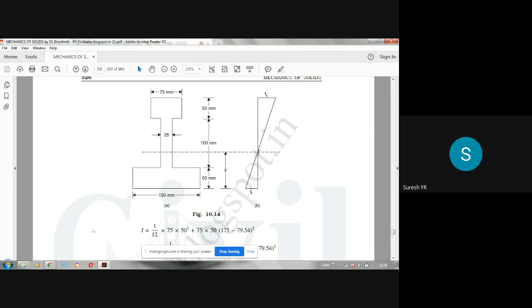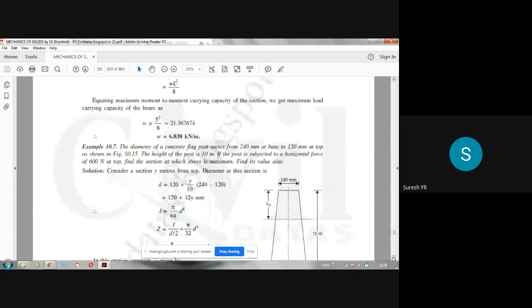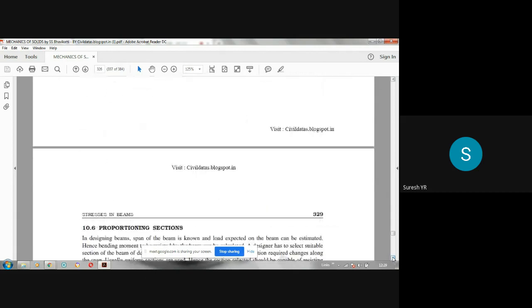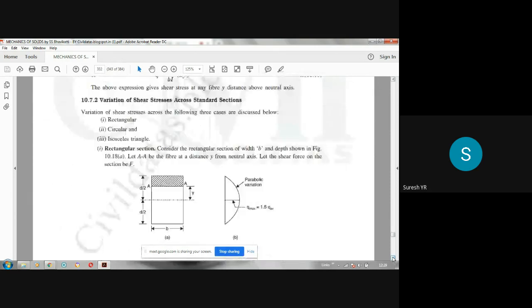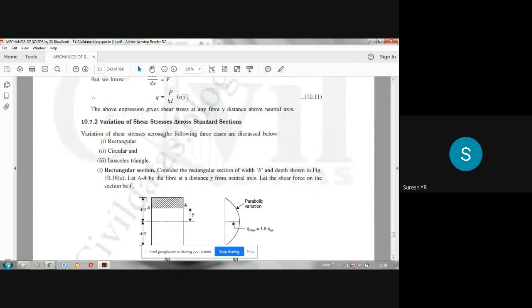Bending stress at the neutral axis is 0 and it keeps increasing. This side is compression and this side is tension. For a simply supported beam it is so, for a cantilever beam it is the reverse. So it is a linear, straight line variation, where bending stress at the neutral axis is 0 and it increases as you move towards the extreme fiber, whereas shear stress is a parabola because a y square term comes in. Let us see how we can get the expression for shear stress for standard cases: rectangular, circle and triangle. It has been done for these three. So, variation of shear stresses across standard sections.